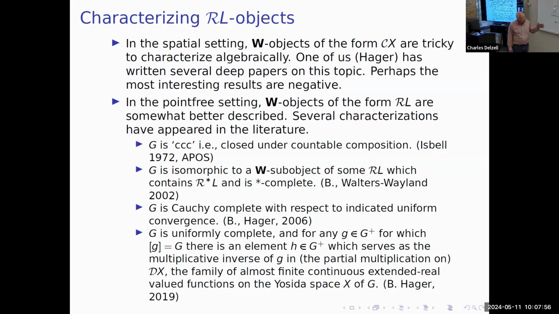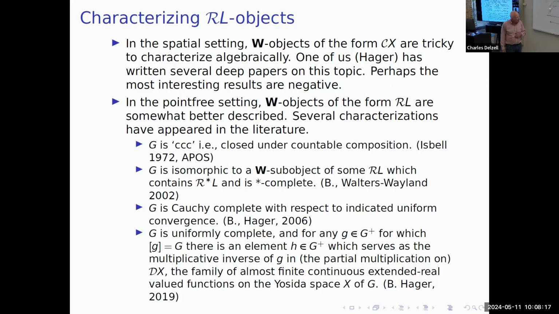In the point-free setting, there are some results. I'll describe them here briefly. The original observation is Banaschewski's path-breaking paper, Atomless Parts of Spaces, in which he points out that these objects are those which are closed under countable composition.